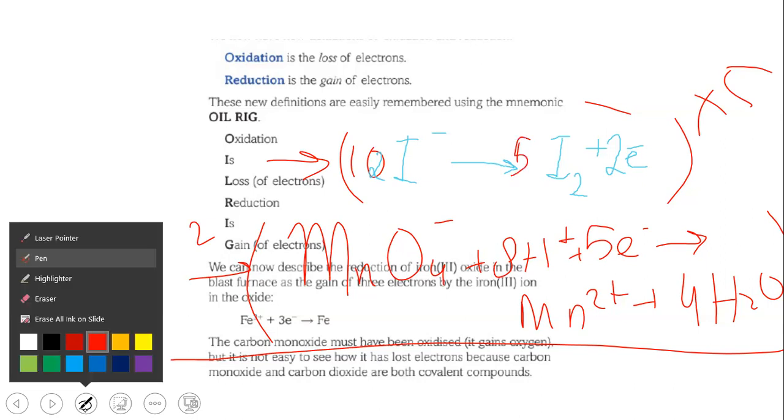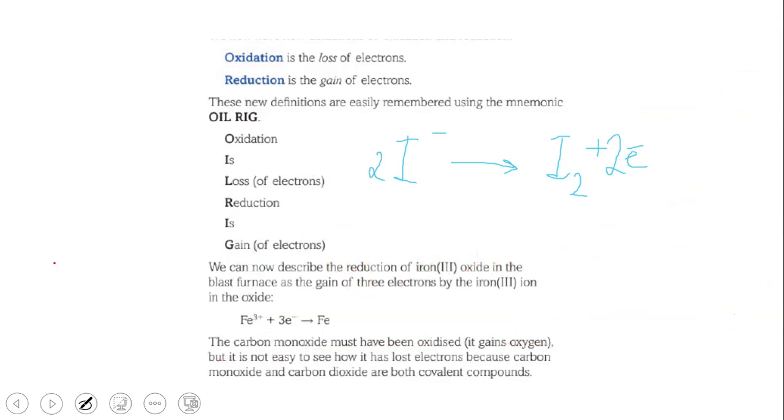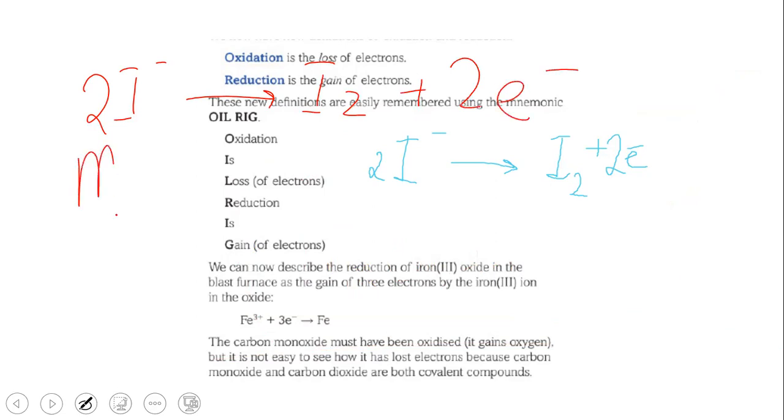Okay, look, I'll write it down again. You have two half equations. This is one half equation, which is your oxidation, and this is your second half equation.